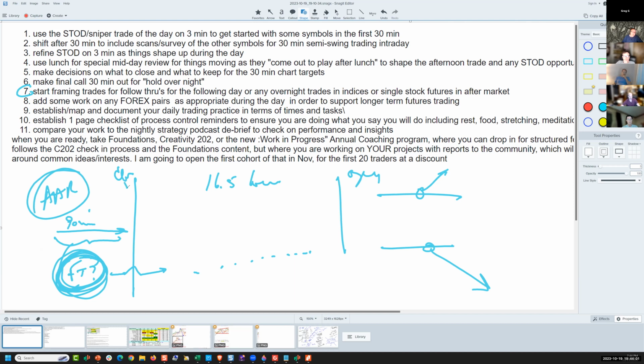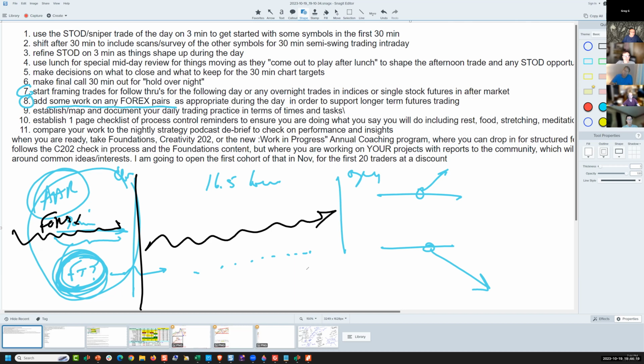Now, in this last 90 minutes, I'm also going to do some work on any forex pairs that I have been trading during the day, because any forex trade that I'm working here doesn't stop right here. It's going to continue to monkey around over here. So I may be trading forex during the time that I am preparing ETFs.